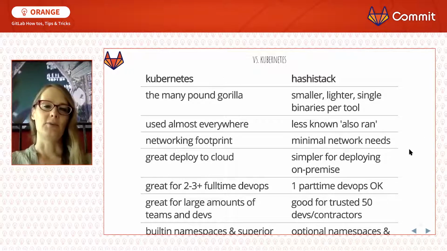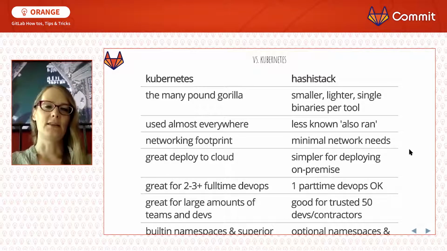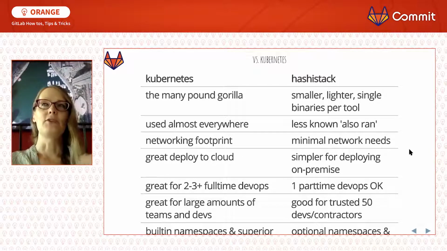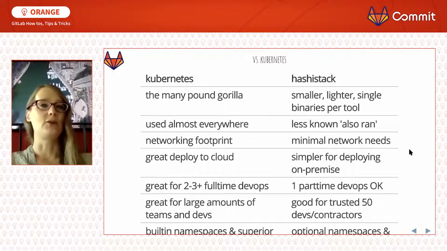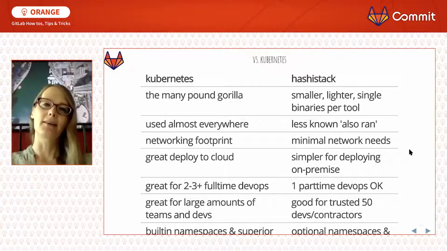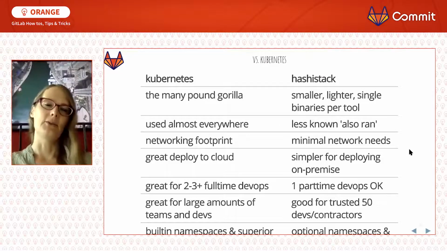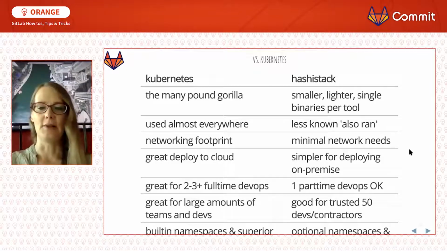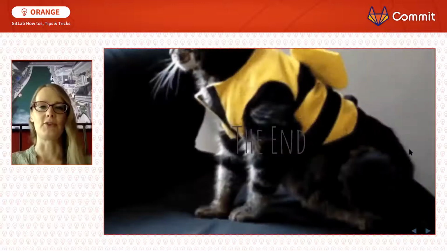And skipping the redundant, if you want to use Kubernetes, it's got role-based access control, which is superior to the access control lists of Hashi Stack, but you may not need all that. So it's up to you, and they've got namespaces abilities, or you can turn those off as optional.